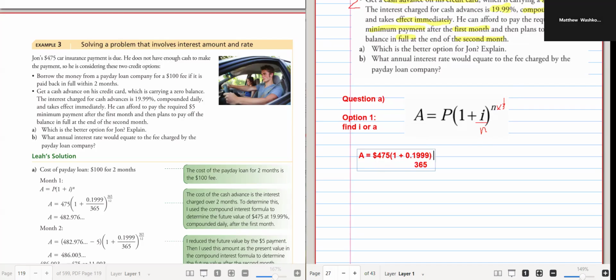And then that's all to the power of n, 365. In this case, we're doing it by a month, so 12. So it should look something like this.